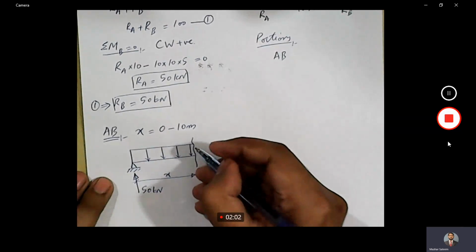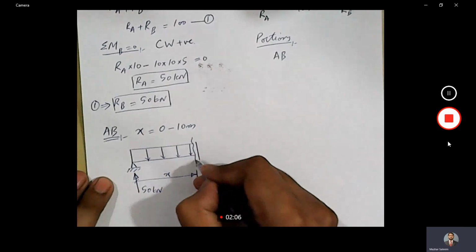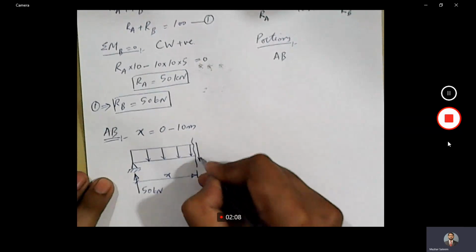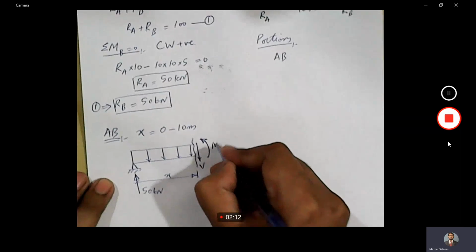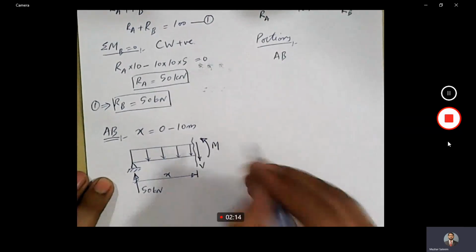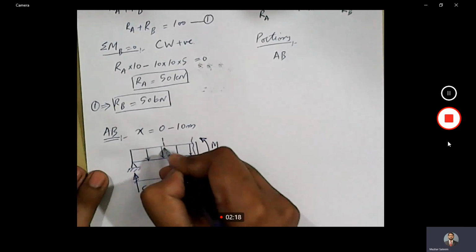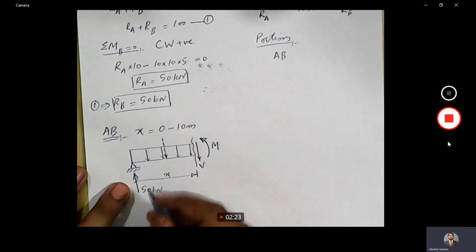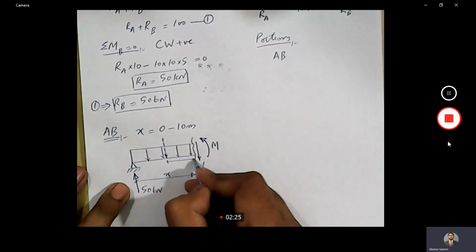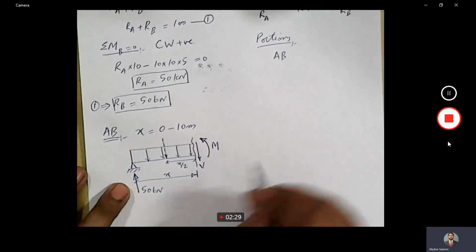And what else do we have here? Shear force V, bending moment M. The resultant of this force will be acting here. If this total distance is X, this distance will be X by 2.